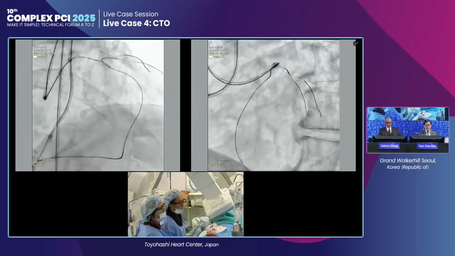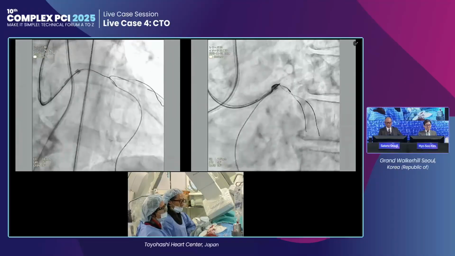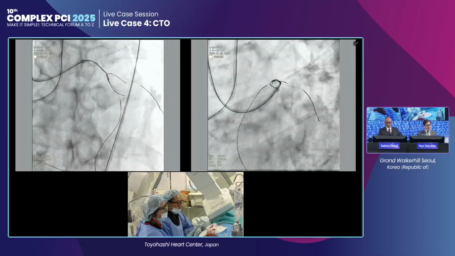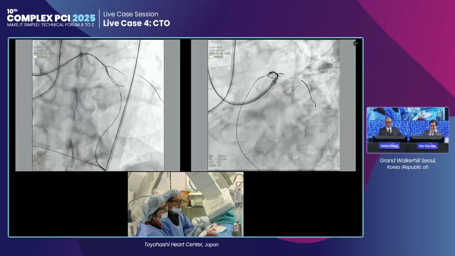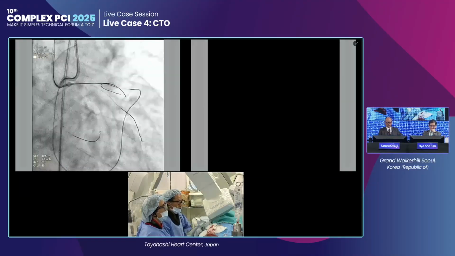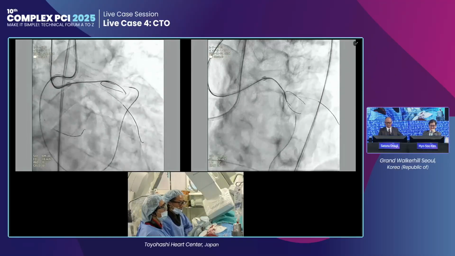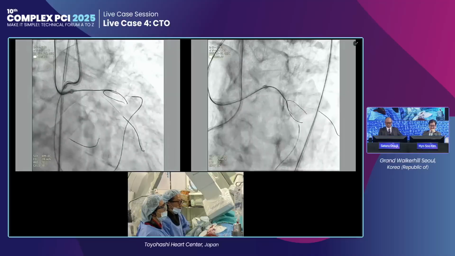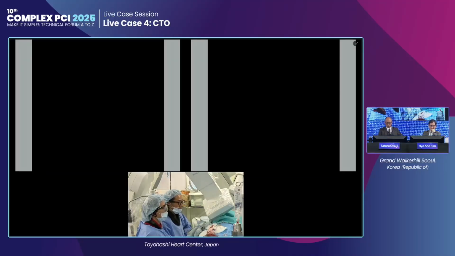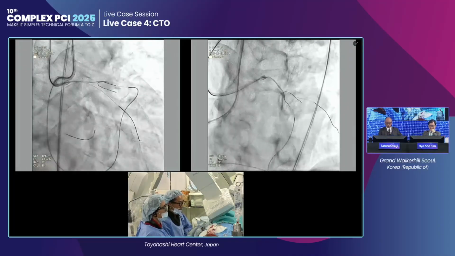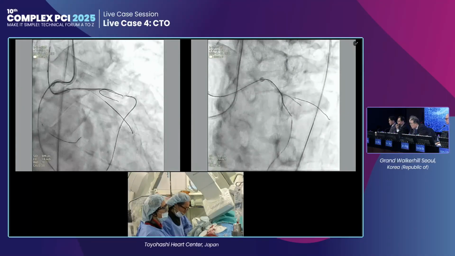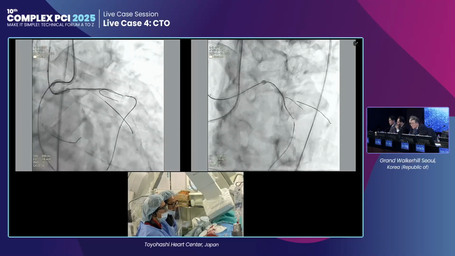So I advanced the microcatheter distally. But I changed it to XTR. XTR cannot go along the nice course, so maybe this is a subintimal space. So we decided to change to the Miracle Neo. And to check the IVUS, I advanced the 2 balloon proximally.